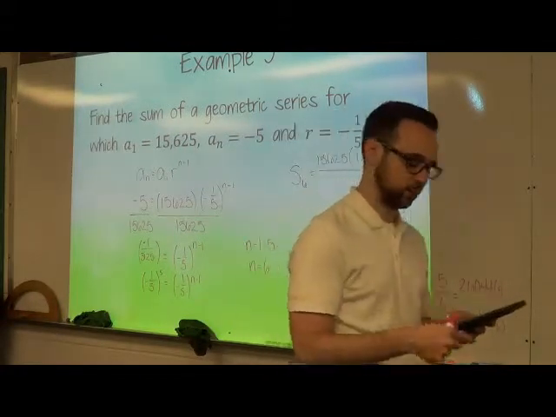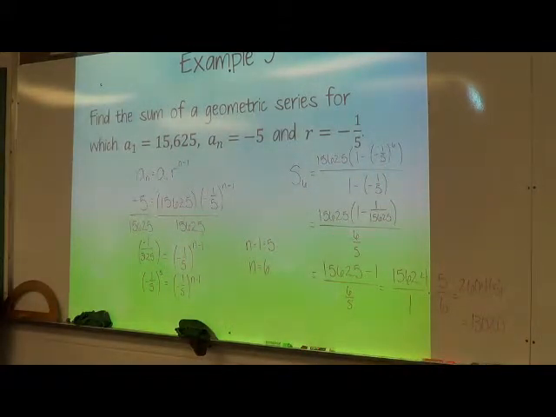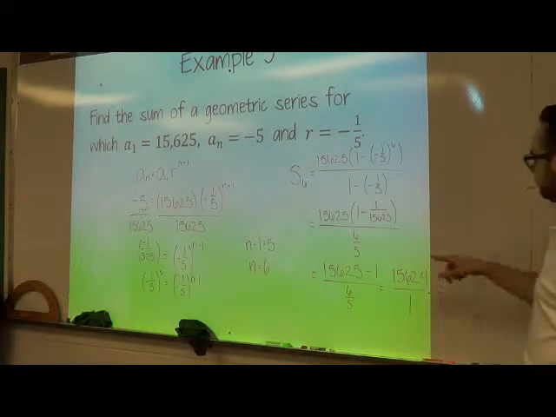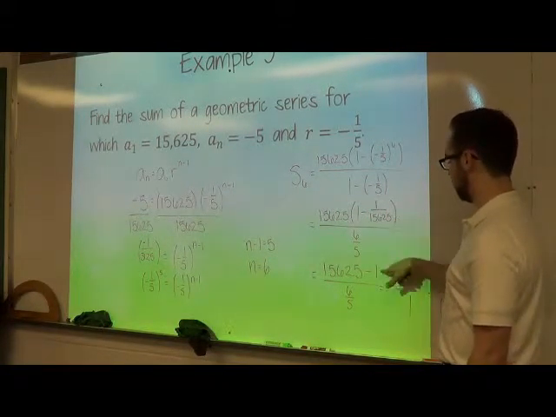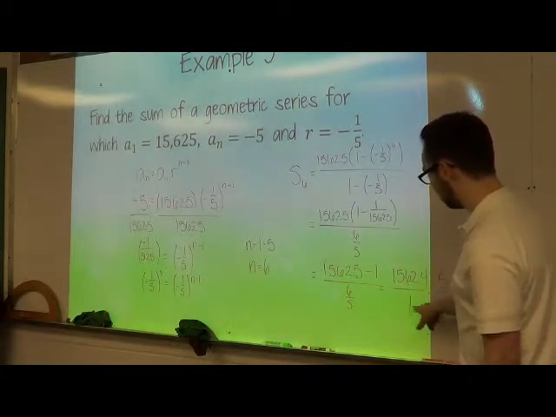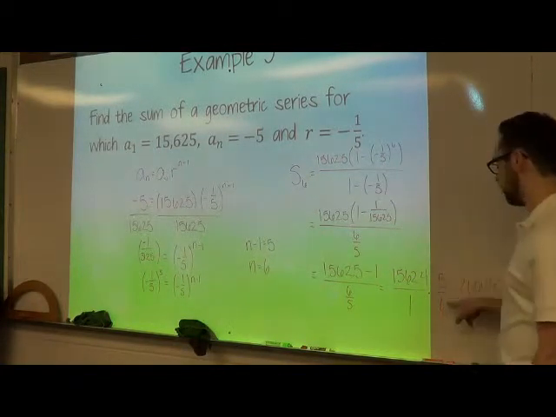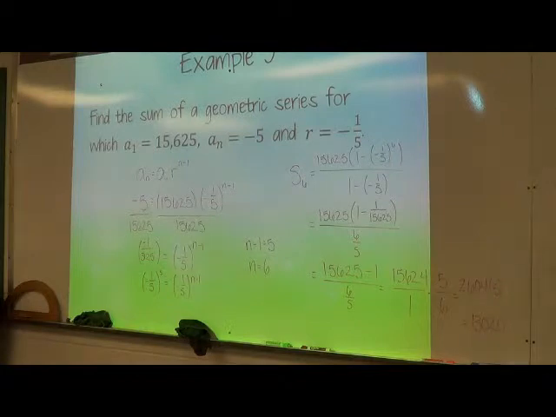I apologize if it's a little cut off at the corner of the video there. So I just distributed through that 15,625 to both of these, and I'm getting 15,625 minus 1, reduced it, divided by a fraction, which means you multiply by its reciprocal, reduced, and ended up with 13,020.